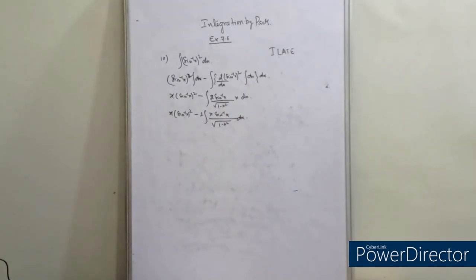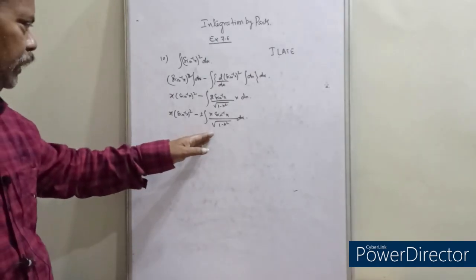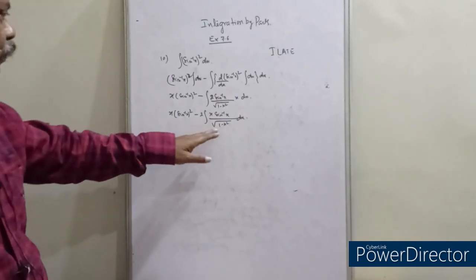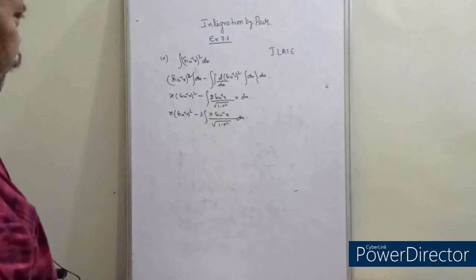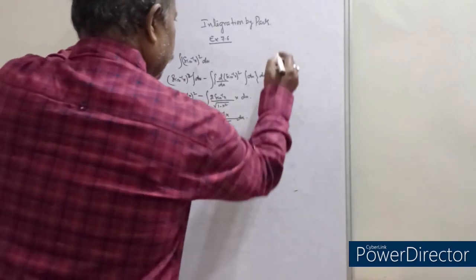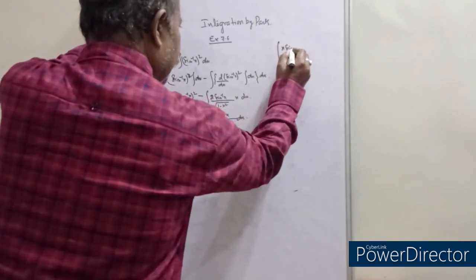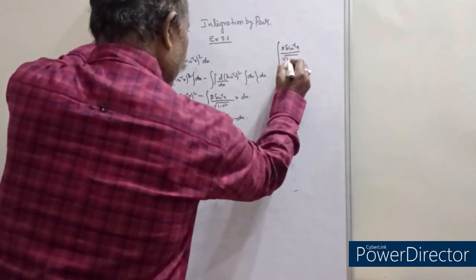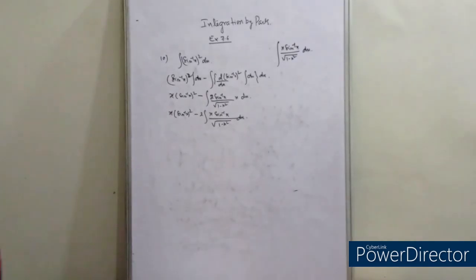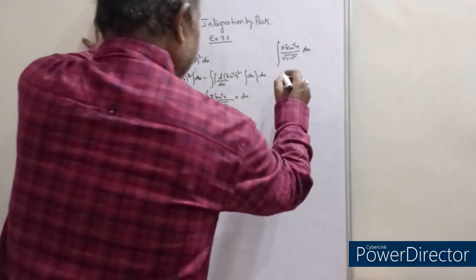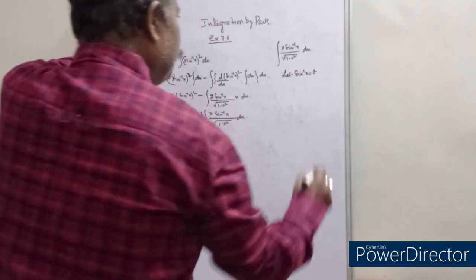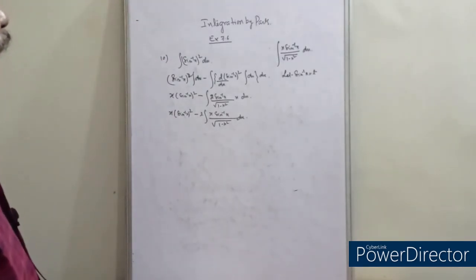So here again a problem has come forward. How am I going to solve this part? Here we have integration of x sine inverse x by root over 1 minus x square dx. Now I have to solve it. I am going to take the help of the substitution method, which I have discussed earlier.